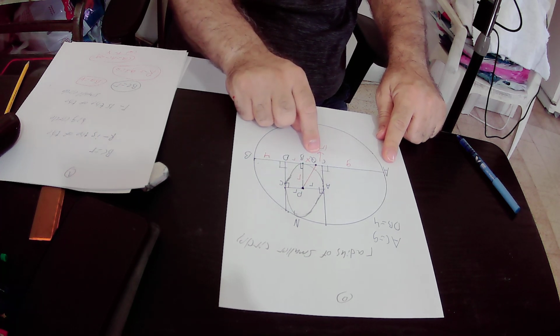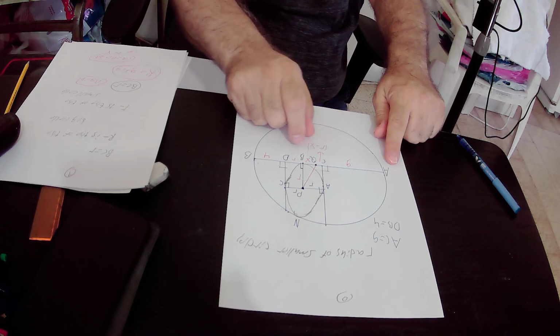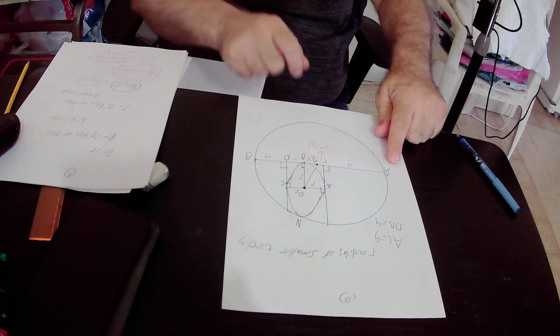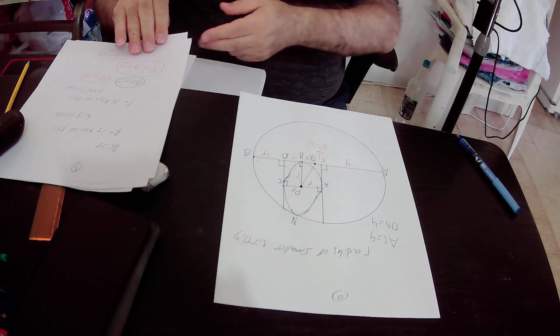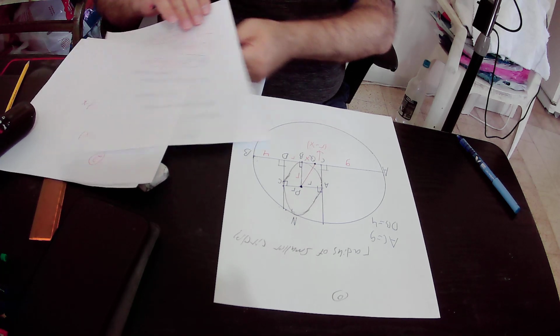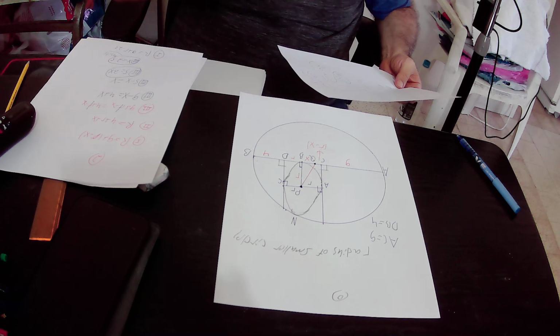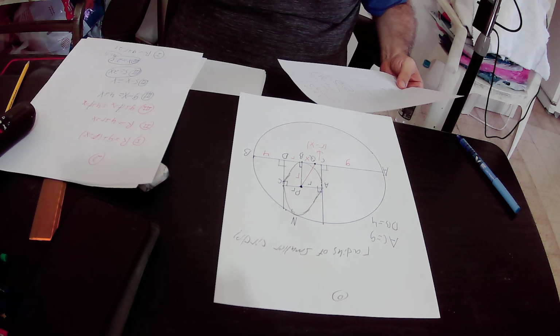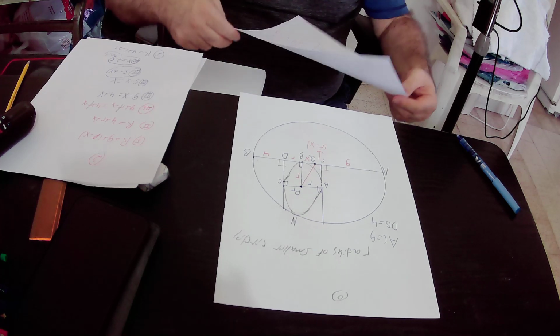So AQ is the radius of the big circle. AQ equals AC plus QC. That is to say, AQ equals 9 plus R minus X. Okay?